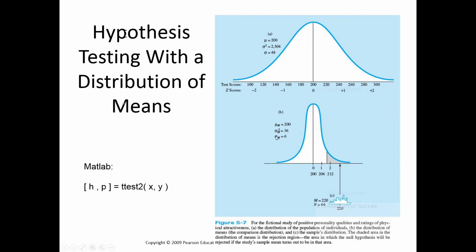Here is a slide from a previous part of our talk. If we have this normal distribution, the intuition behind the t-test is this: this is the distribution of the general population, and we have some comparison population, let's say 64 students who have an average score of 220. We want to know if it is significantly different from the general population.